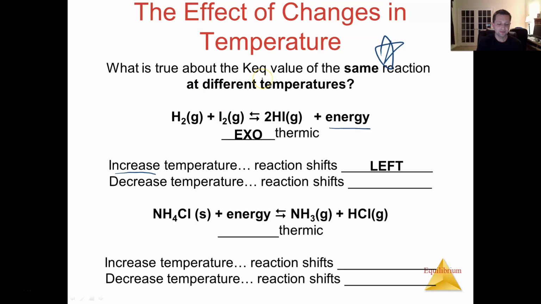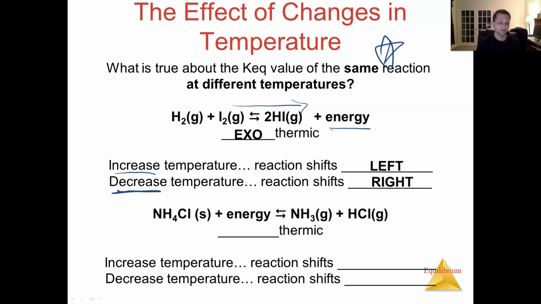If you have a decrease in temperature, the reaction is going to want to try to increase that temperature again. So the energy variable should be a product if you're trying to increase the temperature again. Well, it already is, so the reaction will continue more so to the product side and to the right.